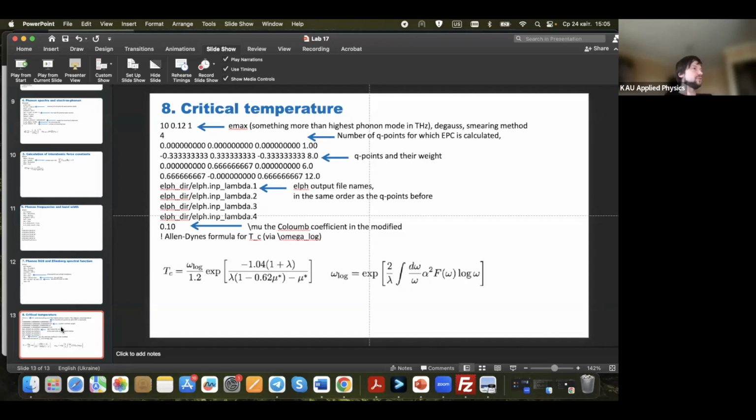Maybe we can try the tetrahedron method. The tetrahedron method should give us only one number, not a range of TC, but only one TC. It's interesting to see what will happen if we use tetrahedra. Maybe I will make these calculations.